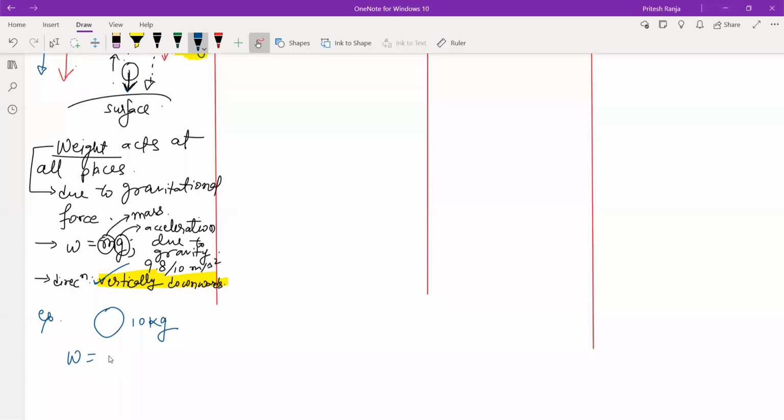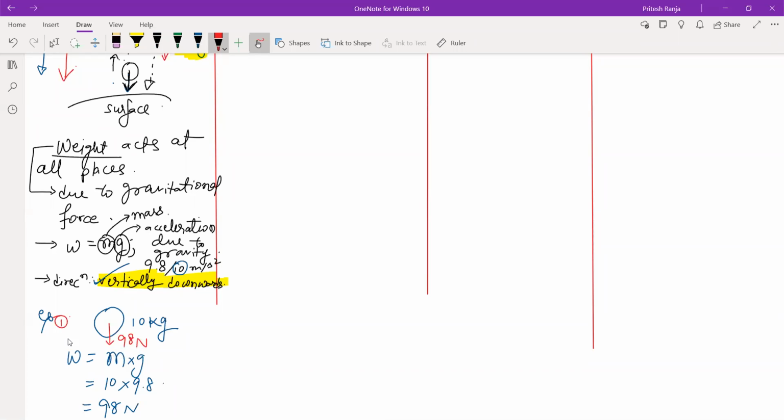Using this expression m into g. m कितना है? 10 kg है. g कितना है? 9.8 एग्जैक्ट है ना. ये 10 अप्रोक्सीमेट है, ये एग्जैक्ट है. तो आंसर क्या हो जाएगा? 98. यूनिट क्या हो जाएगा? वेट फोर्स है तो यूनिट न्यूटन हो जाएगा. सो दैट मीन्स हाउ मच वेट इज एक्टिंग ऑन दिस ऑब्जेक्ट? 98 न्यूटन. इन व्हाट डायरेक्शन वेट इज एक्टिंग? इन द डाउनवर्ड डायरेक्शन.